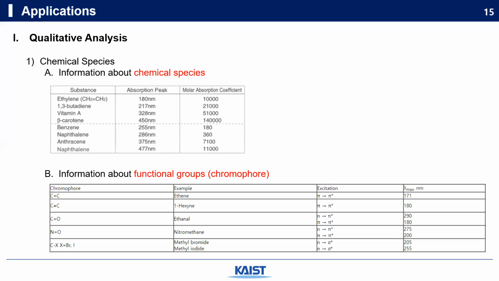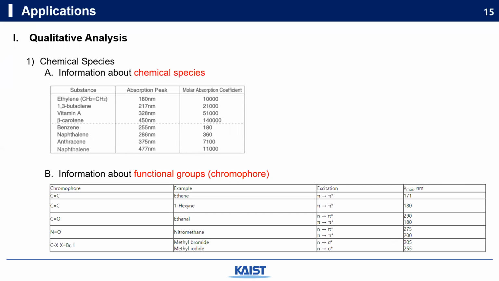versatile supporting information. For the aspect of qualitative analysis, as you all know, chemical species that the sample contains can be distinguished. As the top tables show, spectral data for tons of chemical species are already well known, and these data are easily accessible. Simply by comparing the peak locations with this reference data, assumption for chemical species is quite possible.